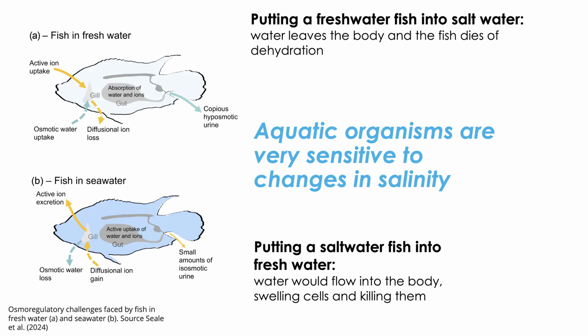And so if you were to put a freshwater fish into saltwater, water wants to leave its body and the fish eventually dies from dehydration. If you put a saltwater fish into freshwater, water flows into the body and the fish swells up and it kills them. And so these fish have evolved to very different habitats.